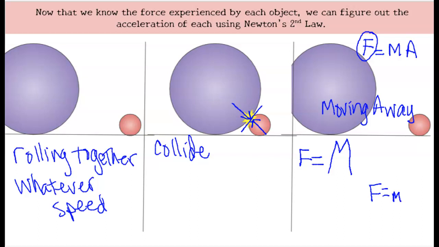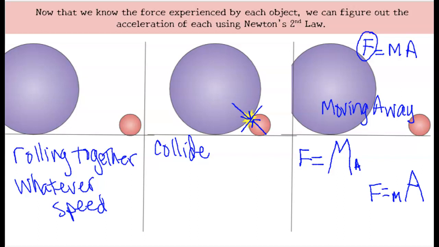So we know the forces are equal because that's what the third law is telling us. So what must be true of the acceleration of the purple object in order to make these equations have the same F? If this is a really big m, we need to multiply it by a very small acceleration in order to have this F equal this F, whereas for the little guy, the acceleration is big.